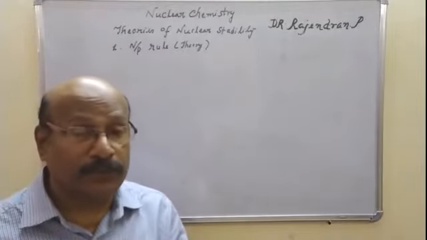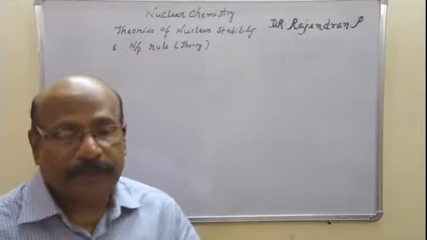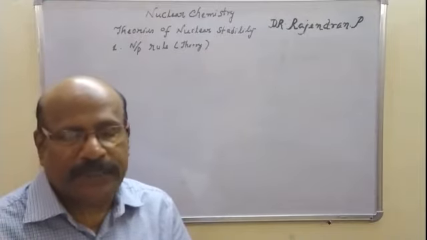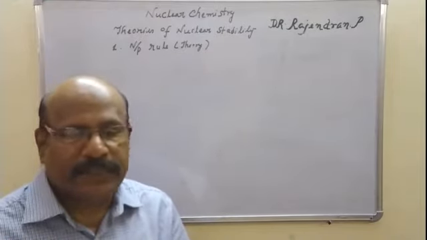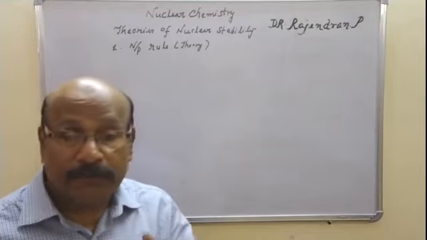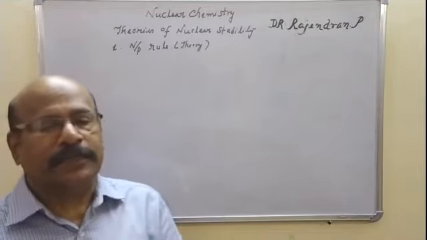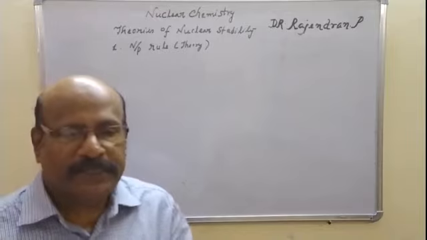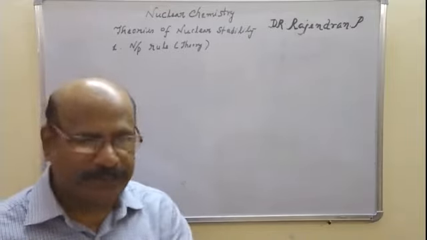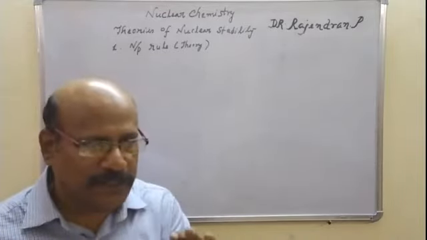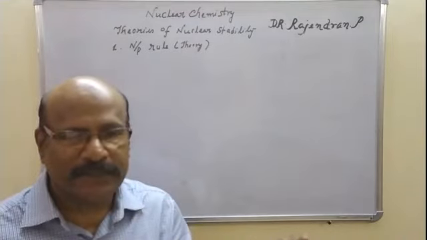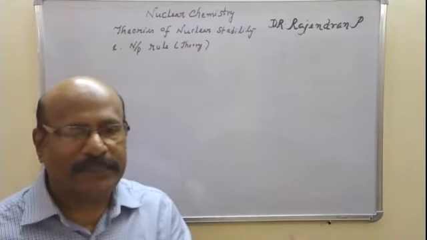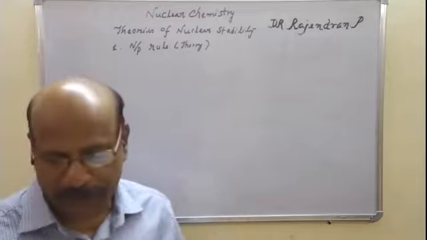But in the case of heavier nuclei of mass greater than A 40 or Z greater than 20, the number of neutrons should exceed the number of protons for stability, so the N by P ratio should be greater than 1. These are the two viewpoints of stability in terms of the N by P ratio.